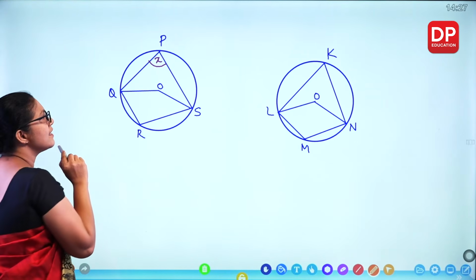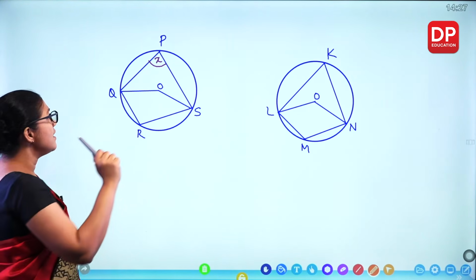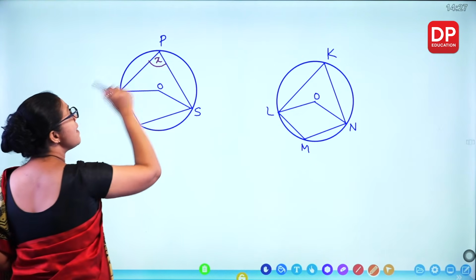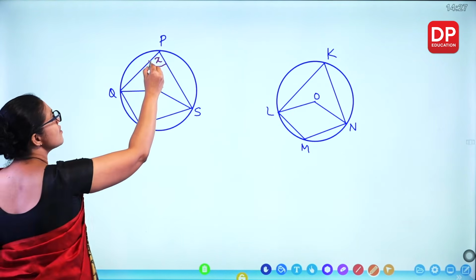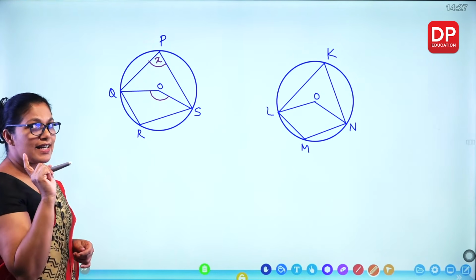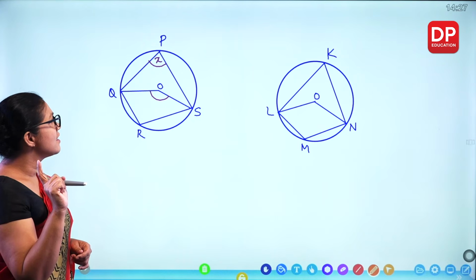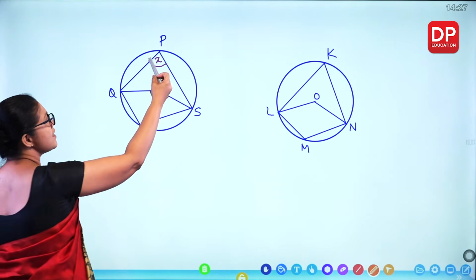What's this angle? The angle subtended at the remaining side of the circumference. So what's the relationship between this and this? Grade 10 unit. Can you remember the theorem related to that?